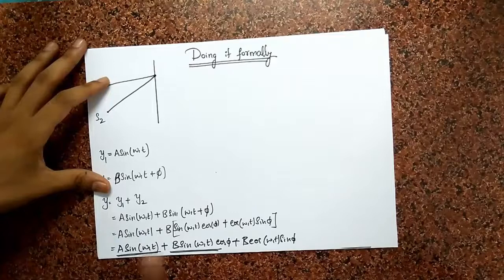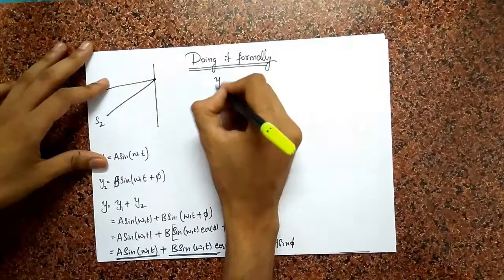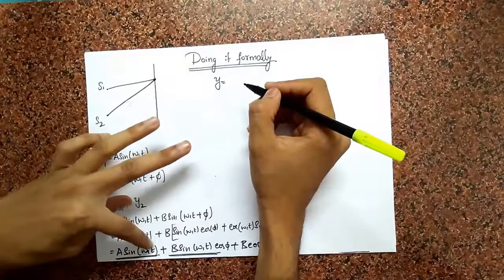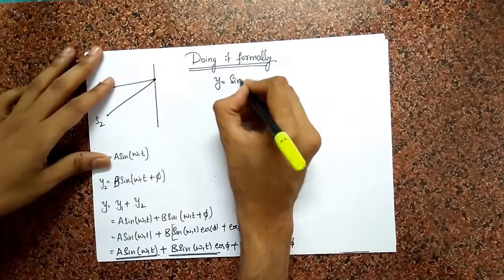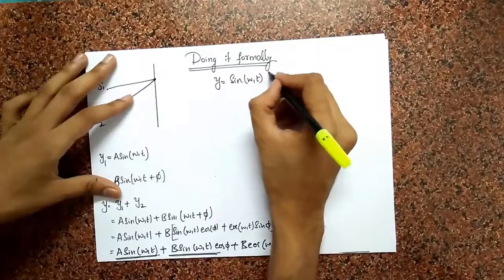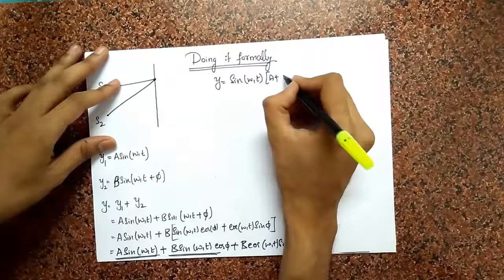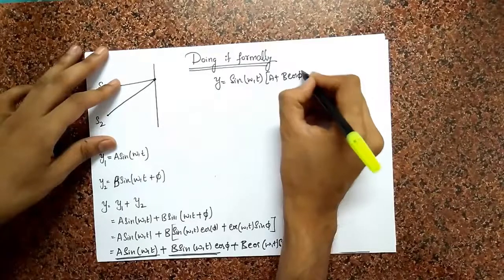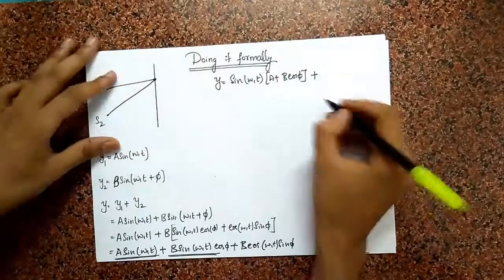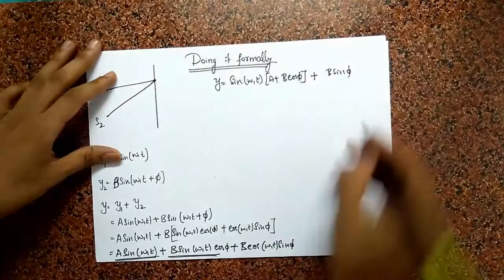I can see sine omega 1t is a constant. I just take it outside. So I get y is equal to, if I take sine omega 1t outside, A plus B cos phi, and over here I have B sine phi into cos omega 1t.